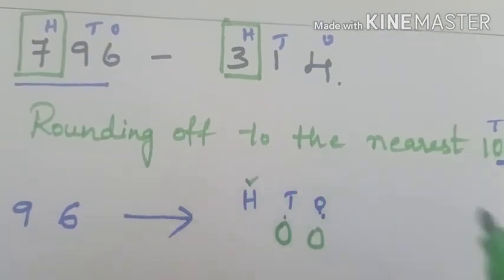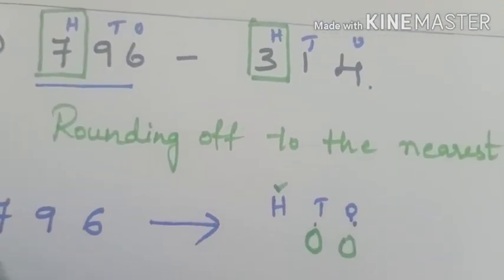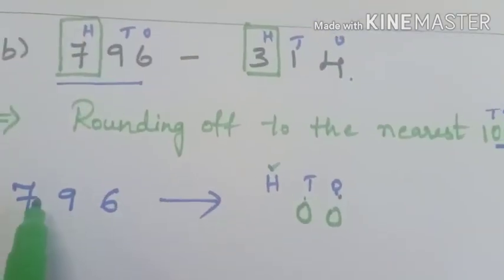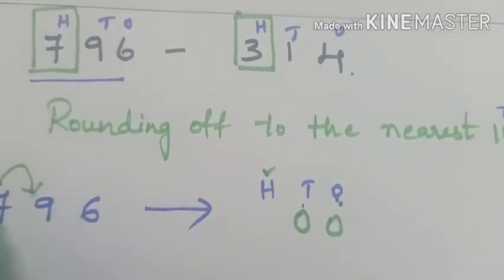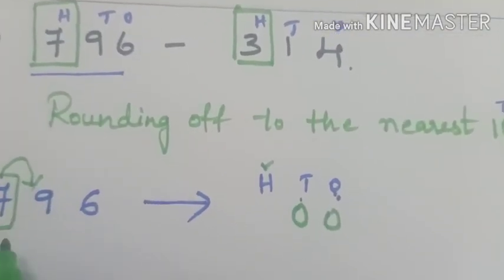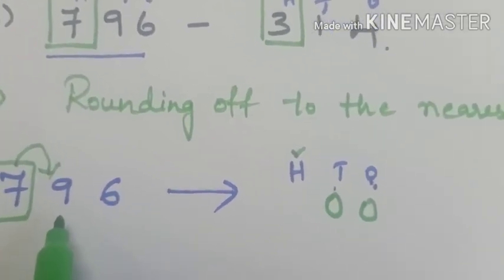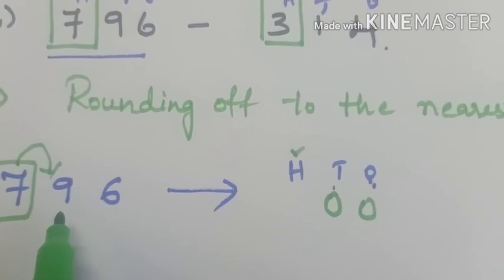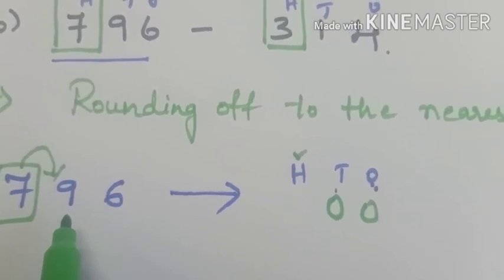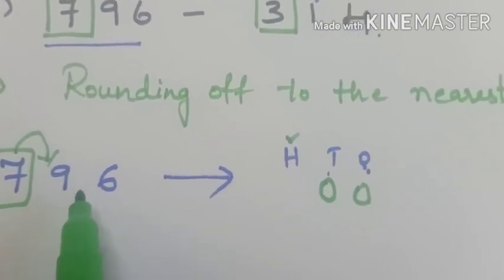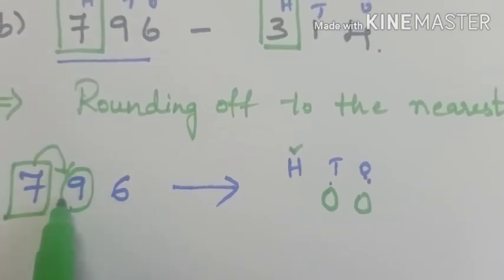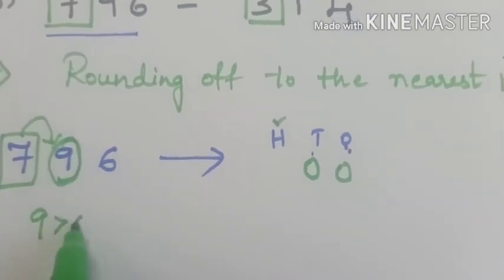Now you have to write the hundreds place. To write the hundreds place, check the tens place. See, this is the hundreds place, so you should check whether the tens place is greater than 5 or less than 5. Here it is 9. 9 is greater than 5.